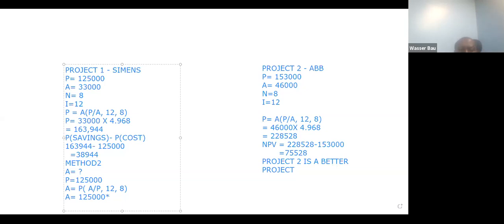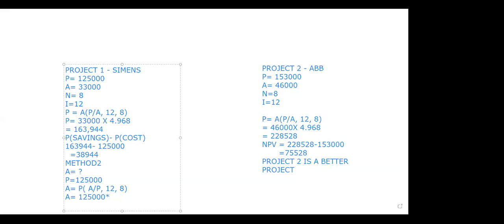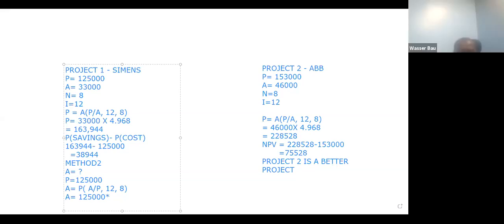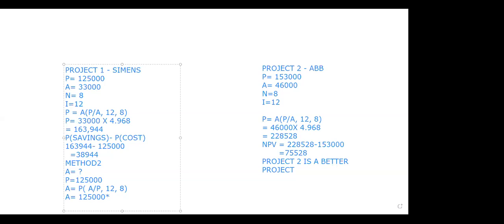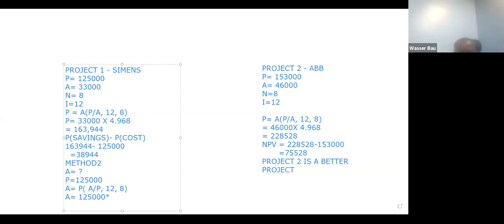To find A given P under 12%, let me use the capital recovery method. How many years? 8 years, sir. Yes, it's the same number of years. So that's 0.2013. Thank you, sir.